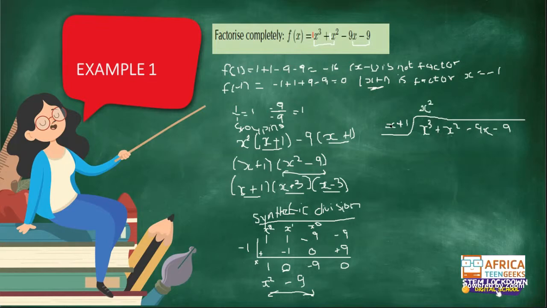And then you say x squared times x, which is x cubed. And then x squared times 1, which is positive x squared.